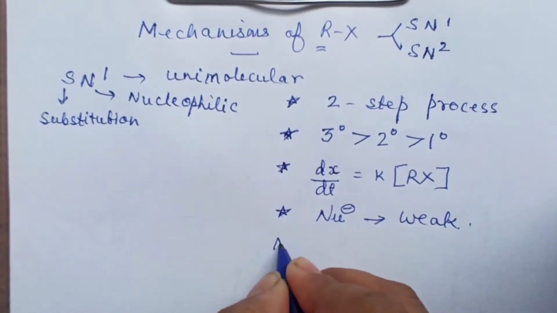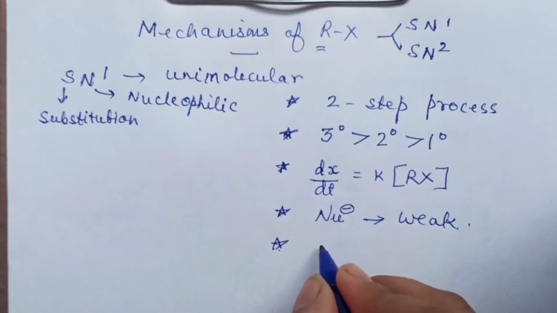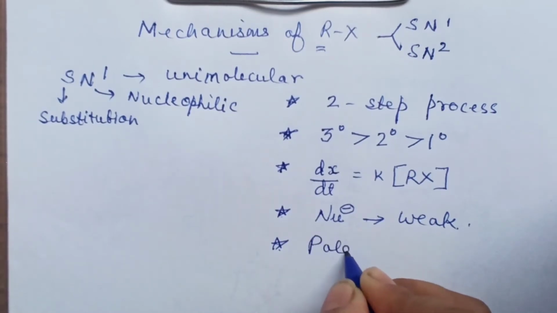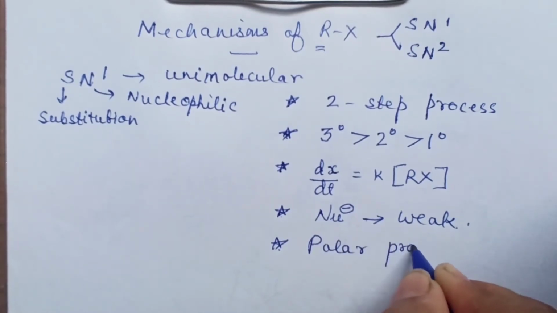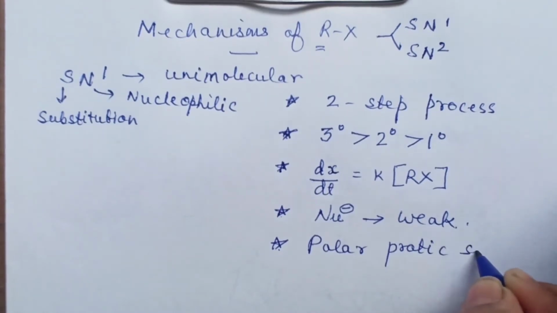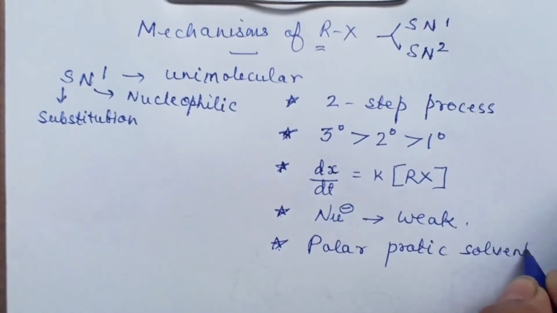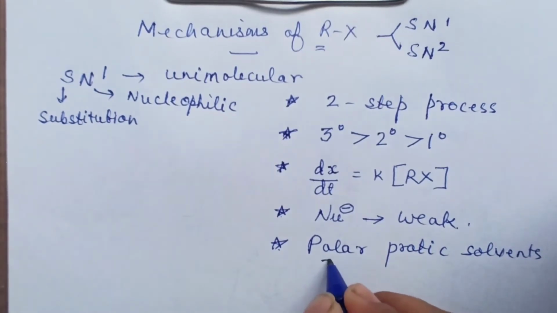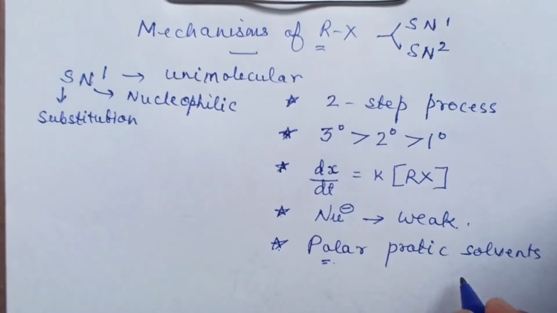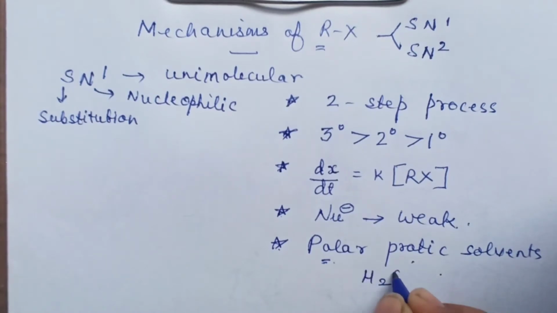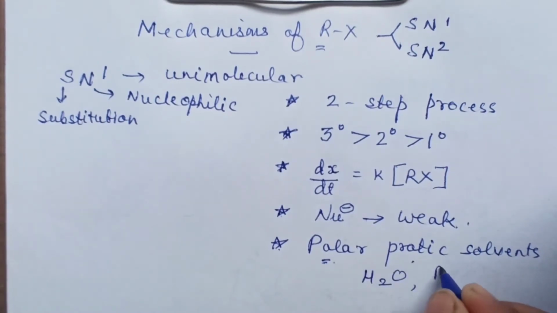The next point is that SN1 reactions are mainly carried out in the presence of polar protic solvents. What are polar protic solvents and what is their function? We are going to discuss that in the mechanism. Polar means it will definitely have poles, a difference in electronegativity, and it should be proton generating. It can be water, alcohol ROH, or carboxylic acid.